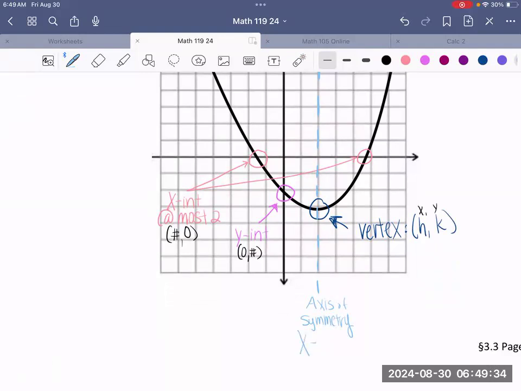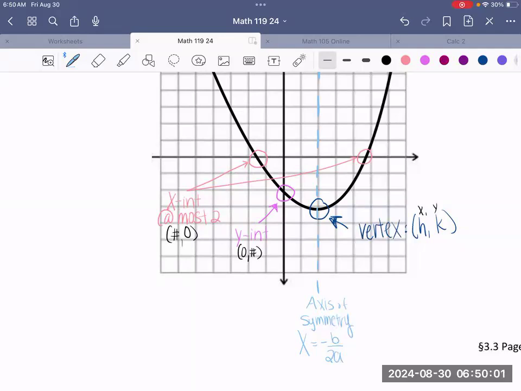This says x is equal to negative b over 2a. On your tests, you're likely not going to be given this axis of symmetry equation, but when you do your homework, your quizzes, when you're practicing it on your notes here today, you're going to be using it quite often. So you don't have to memorize it, just through the practice of the motion.